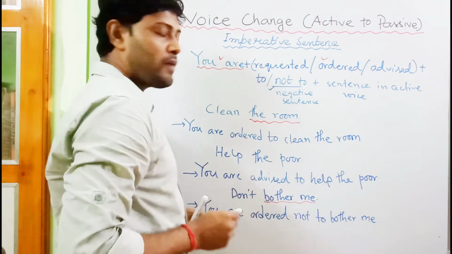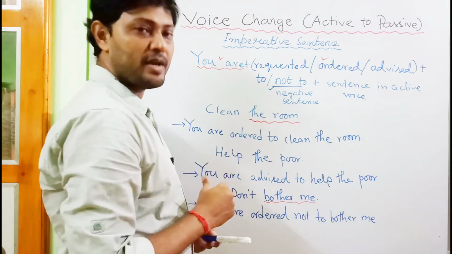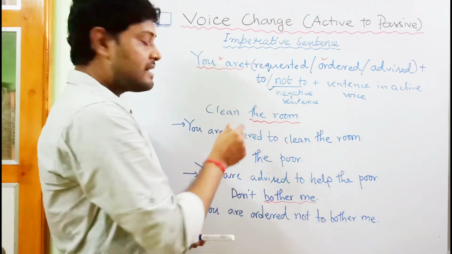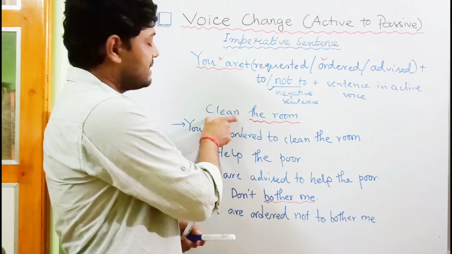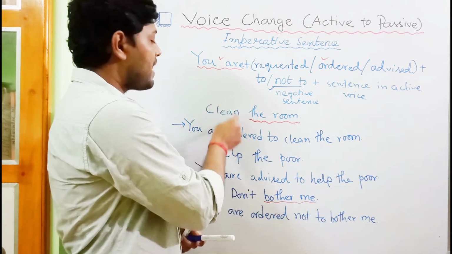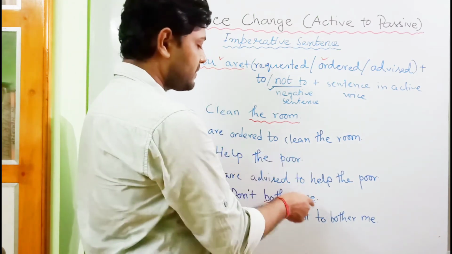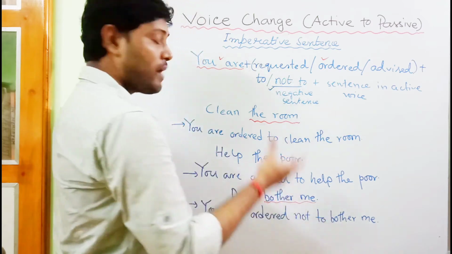Just remember one thing here: while we are using the second method, we are not changing the voice of the verb that we find in the sentence, because the verb remains the same. There is no past participle of this verb. Where is the passive verb?